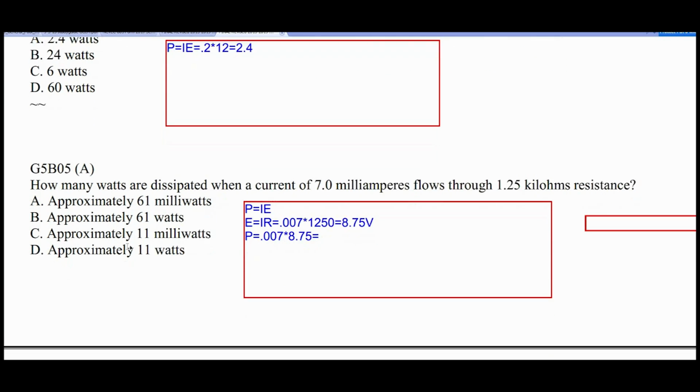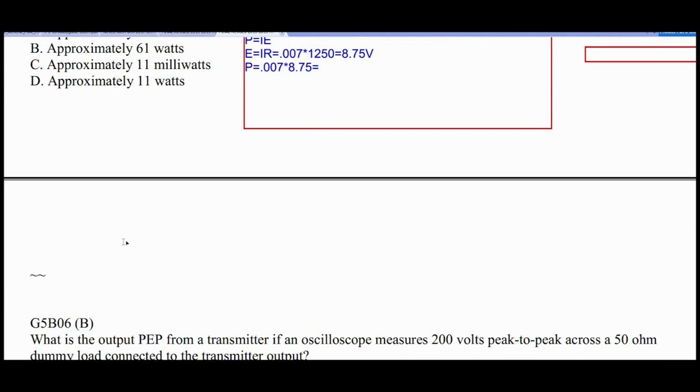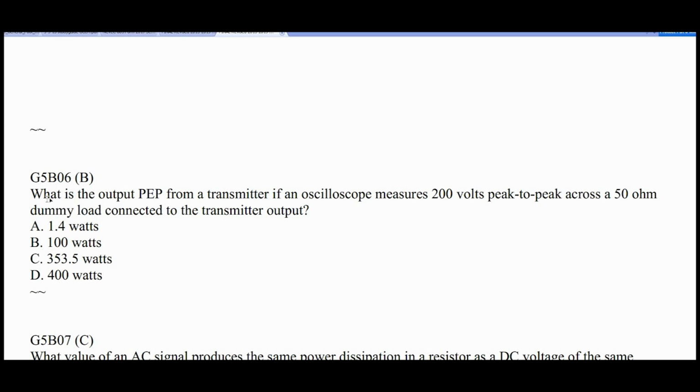let's go down the page here. 6. What is the output PEP from a transmitter if an oscilloscope measures 200 volts peak to peak across a 50 ohm dummy load connected to the output? This question is really deceptive because a lot goes on here, and I got it wrong and I had to go look.